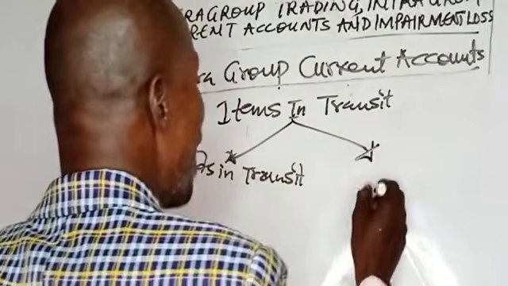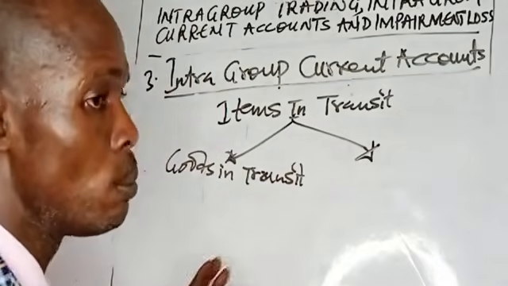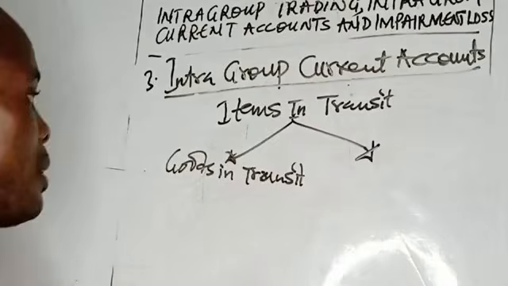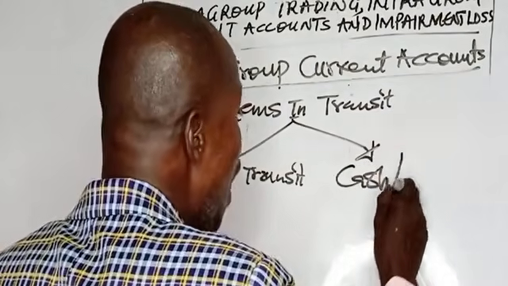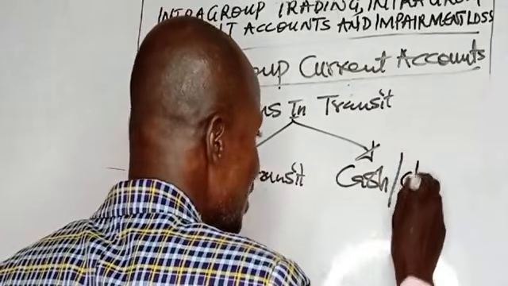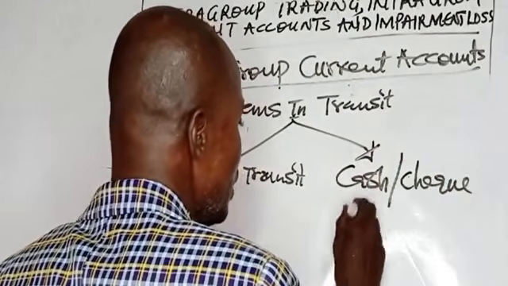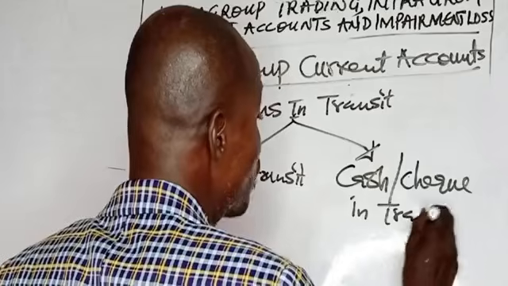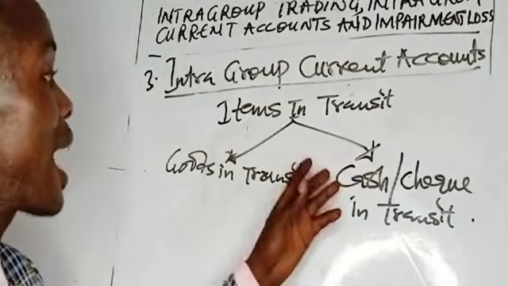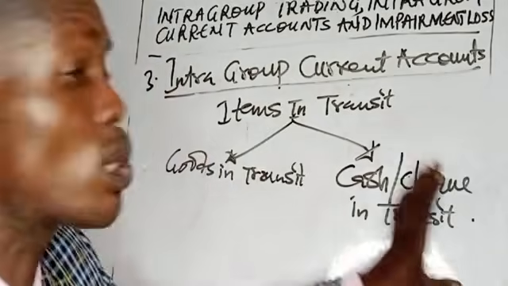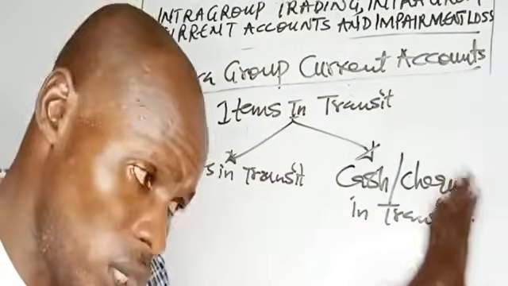And where somebody has sent some money to the other, the reason might be as a result of cash or cheque in transit. So I've told you that the reason for the difference in intragroup current accounts is as a result of items in transit.